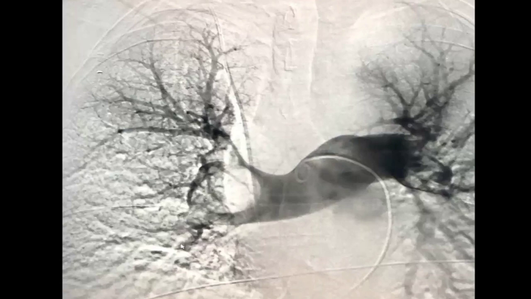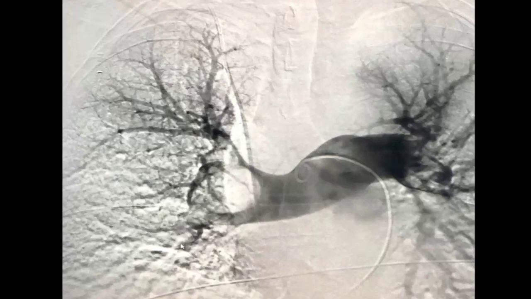Yes. What is the term given for that? Have you heard the term oligemia? Oligemia. Yes. So there's right lobar oligemia. You see this large filling defect in the right pulmonary artery. So what's your diagnosis? So what is this?